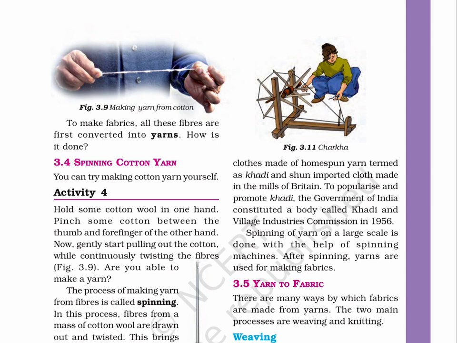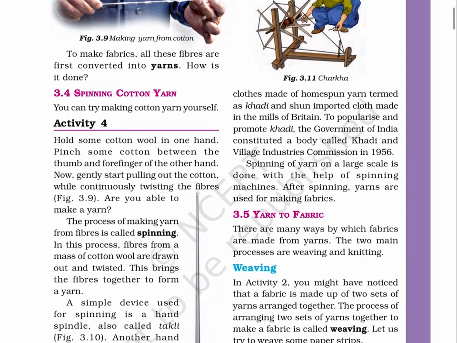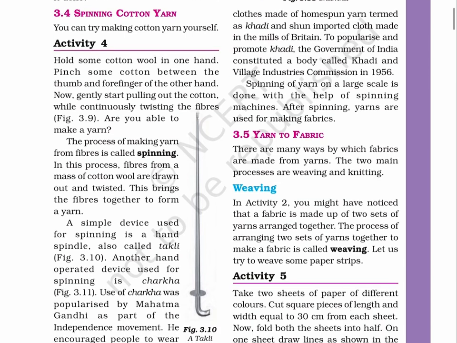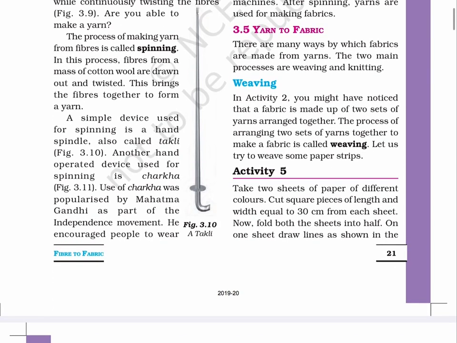The process of arranging two sets of yarns together to make a fabric is called weaving. Let us try to weave some paper strips. Activity 5. Take two sheets of paper of different colors. Cut square pieces of length and width equal to 30 cm from each sheet. Now fold both the sheets into half.